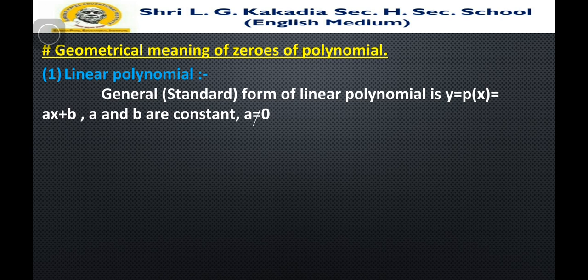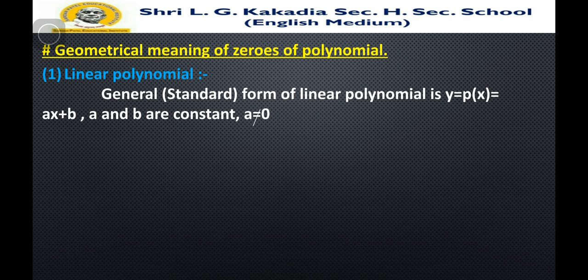The general or standard form of a linear polynomial is y is equal to p of x is equal to ax plus b, where a and b are constants and a does not equal 0. Here we have taken y is equal to p of x, according to the x axis.